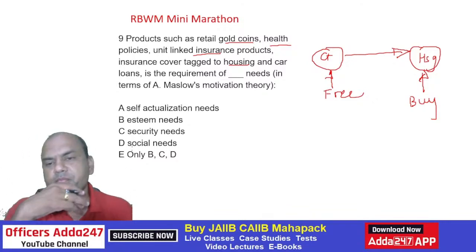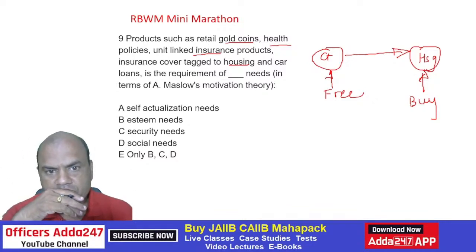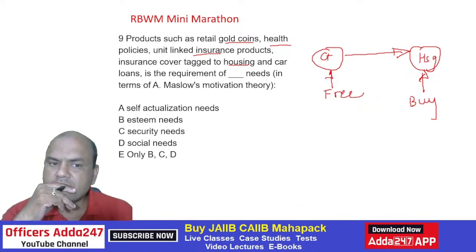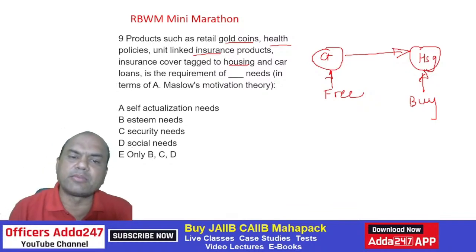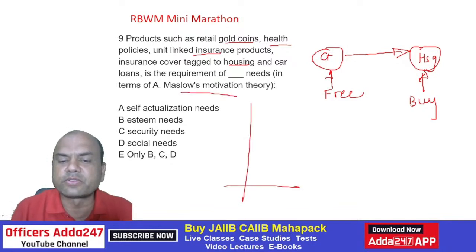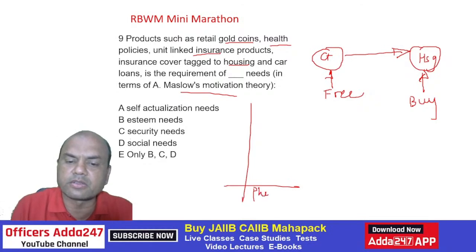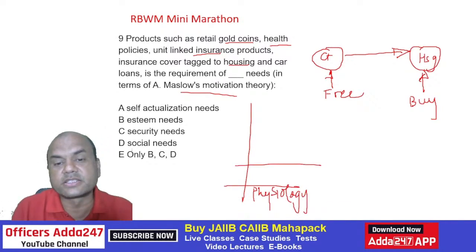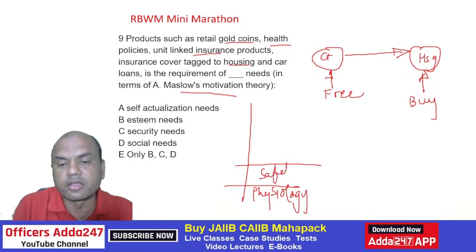Let me see. Is it esteem needs? What is there in Maslow's hierarchy? Everyone, just revise this Maslow's hierarchy. What are the levels? First is physiological. Second is safety. Third is social. Fourth is esteem.